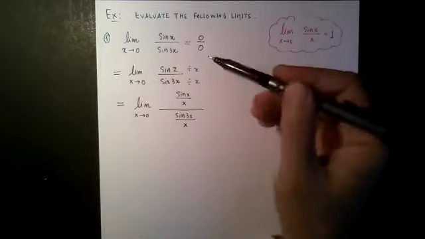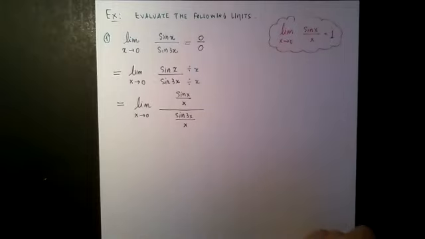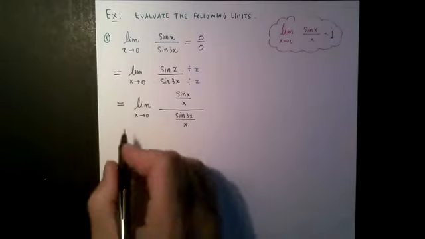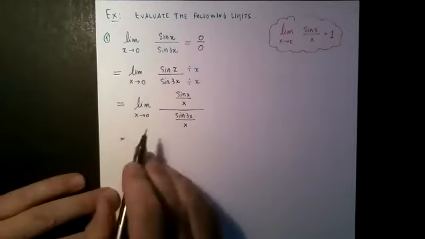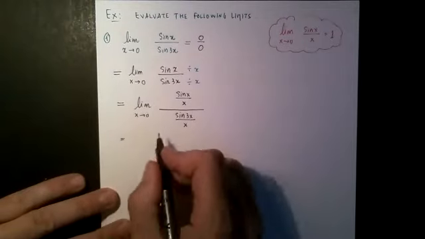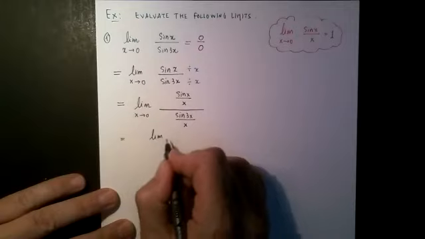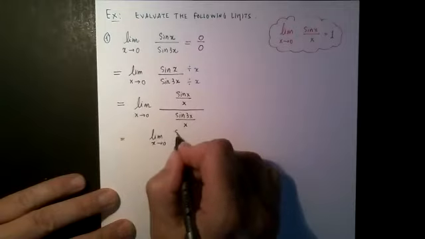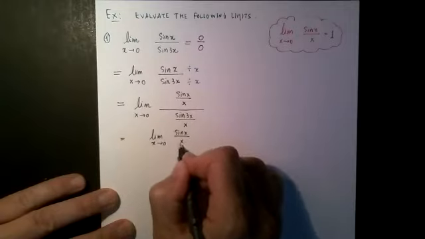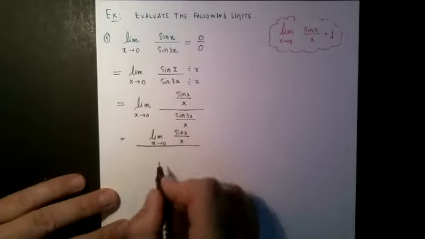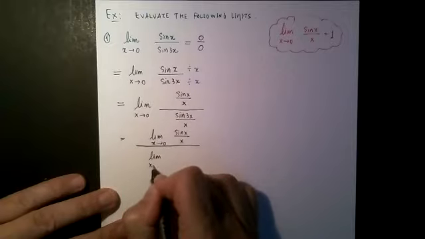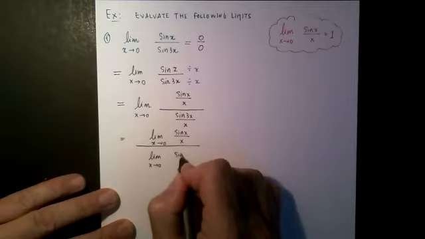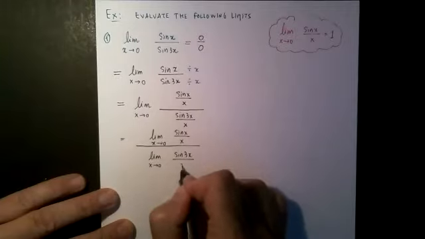I'm allowed, as long as what I do on top I do on the bottom. So now the limit I could put everywhere I want: the limit as x approaches 0 of sine x over x at the top, and the limit as x approaches 0 of sine 3x over x at the bottom.